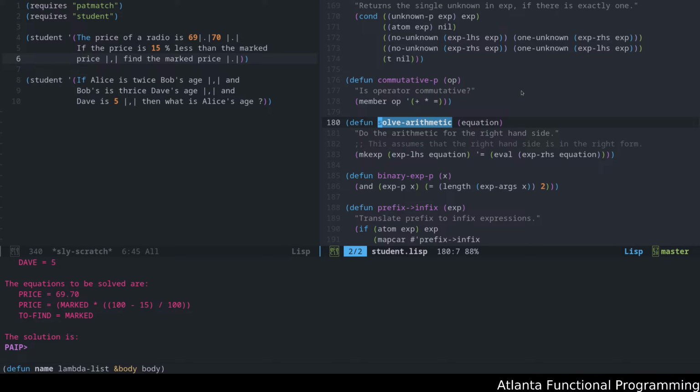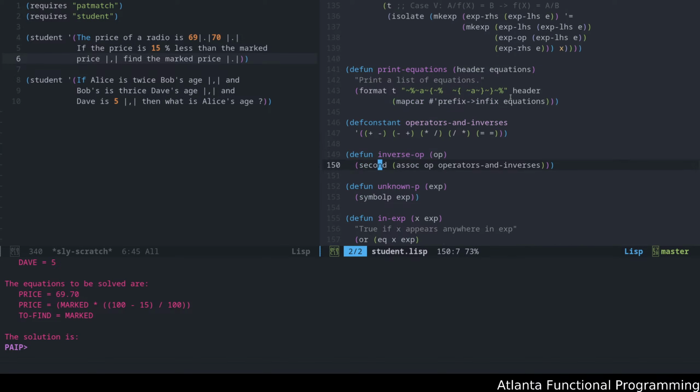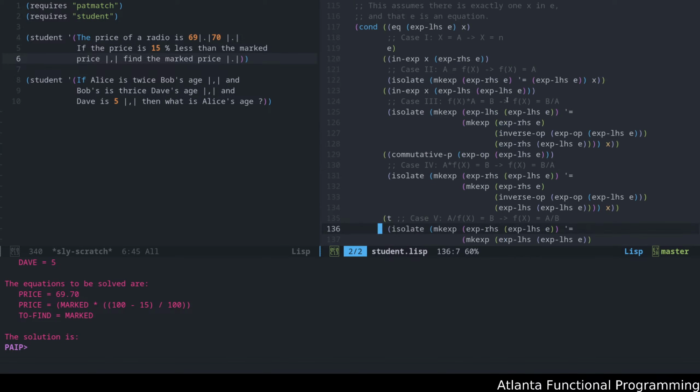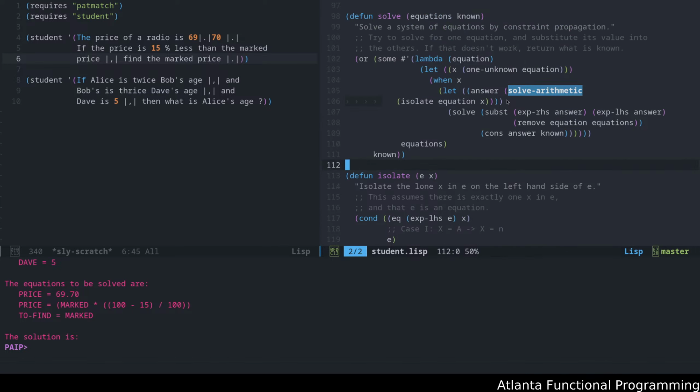So, what if we did... so the issue is it's unable to take these equations.